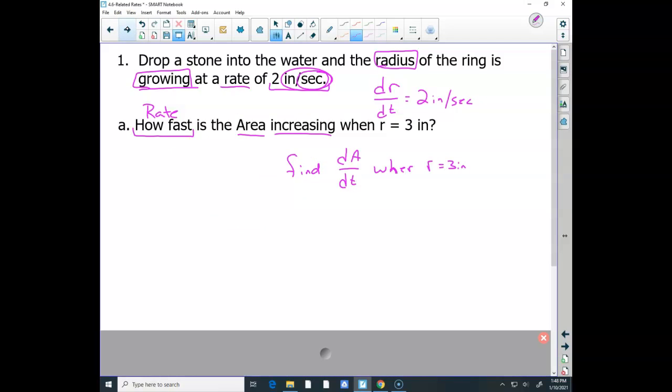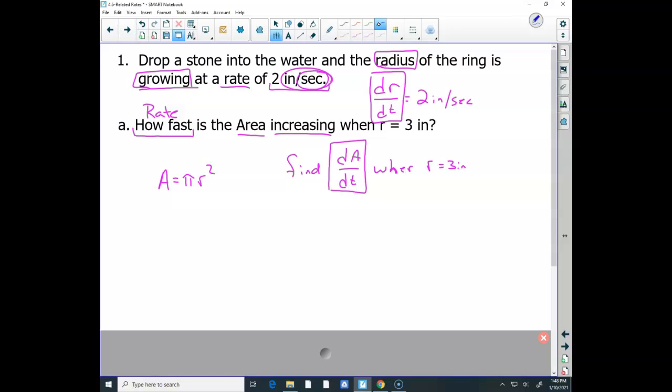But before I get there, if I'm looking to find area, given the radius, I need an equation that is going to relate the area and the radius of a ring or a circle. Well, that's not too bad. That is saying area equals pi r squared. That's a nice little equation that relates area with radius.